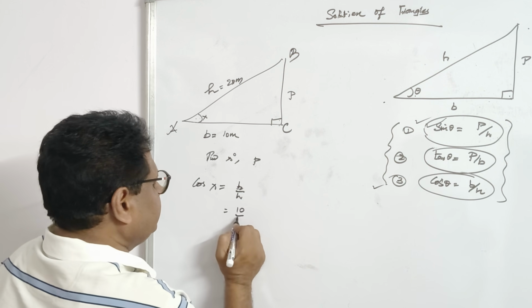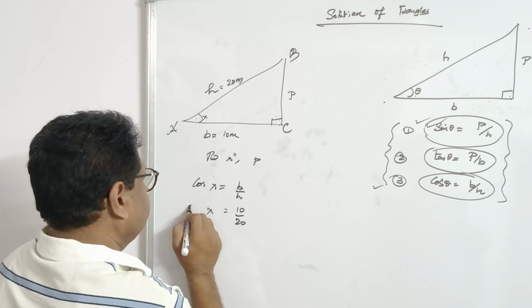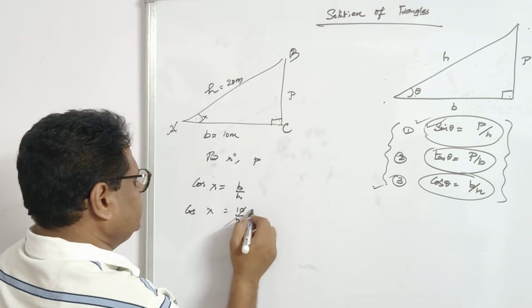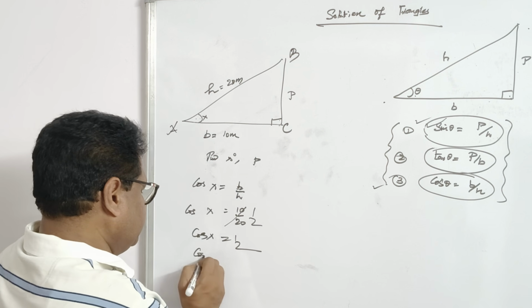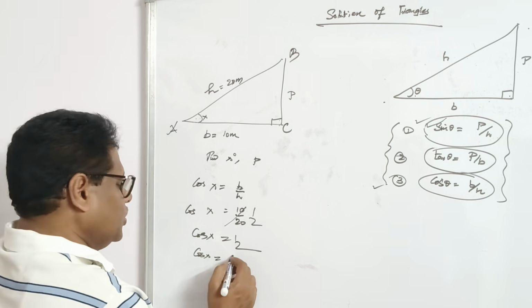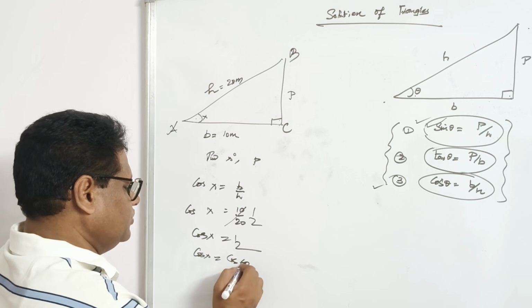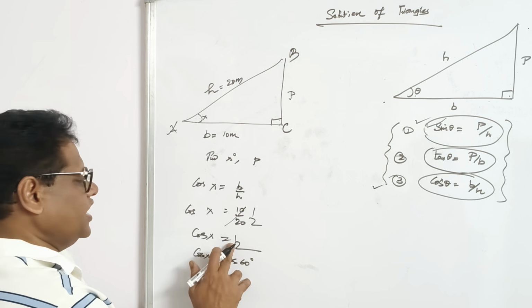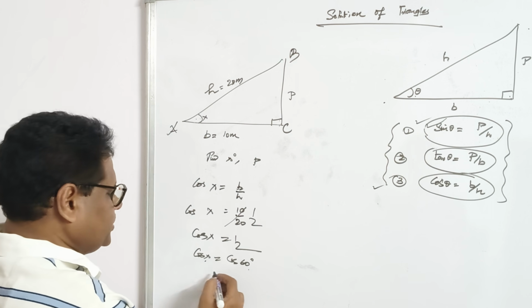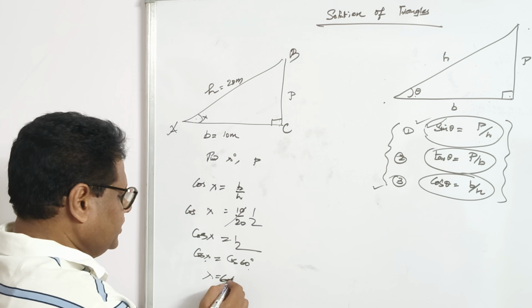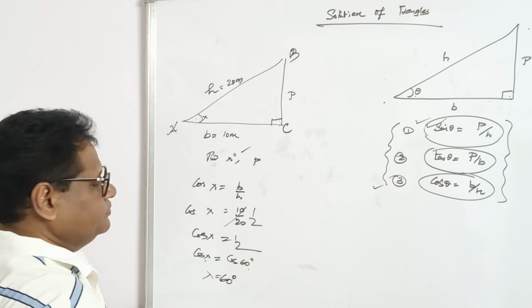The base is 10, the hypotenuse is 20. So that brings cos x equals half, which means cos x equals cos 60 degrees, since cos 60 is half. Now since cos x equals cos 60, x equals 60 degrees. So this is our first answer.